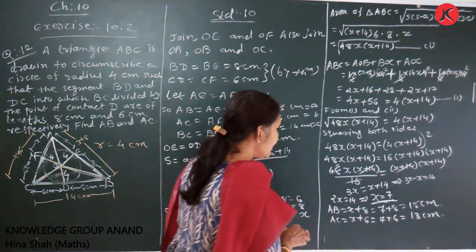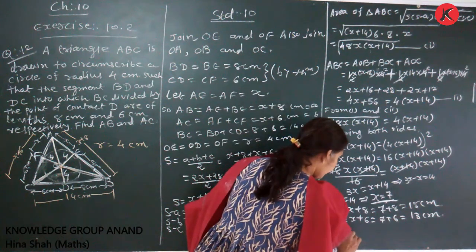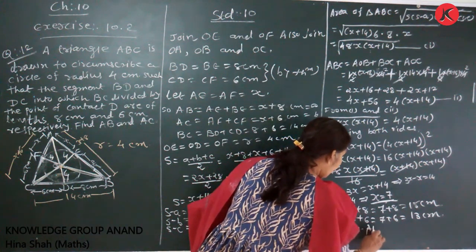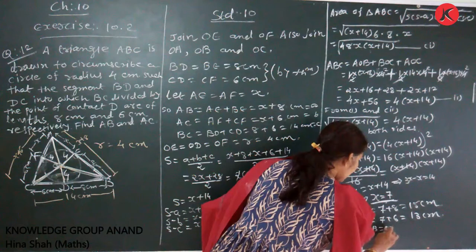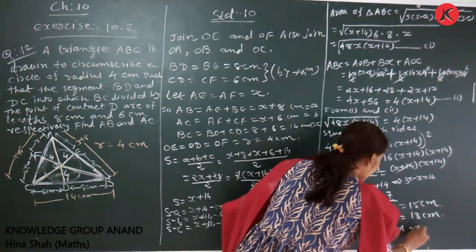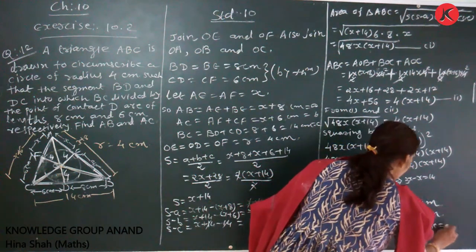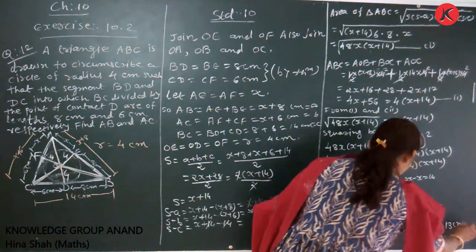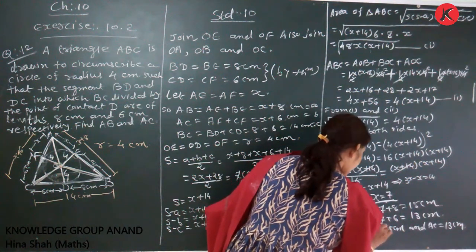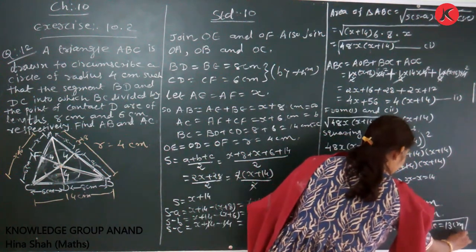Therefore our answer is AB is equal to 15 centimeter and AC is equal to 13 centimeter, which is our answer.